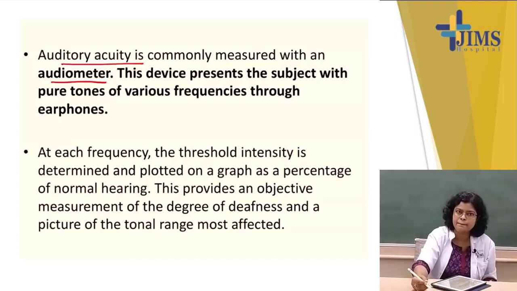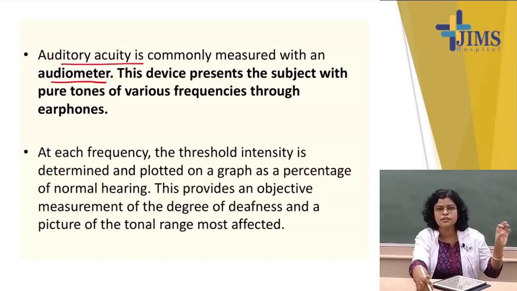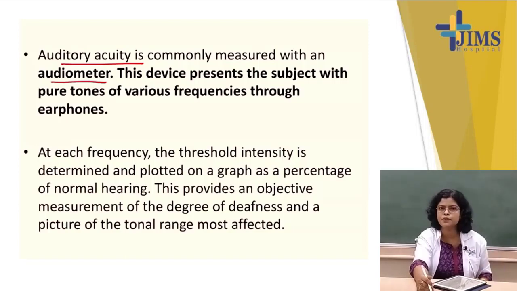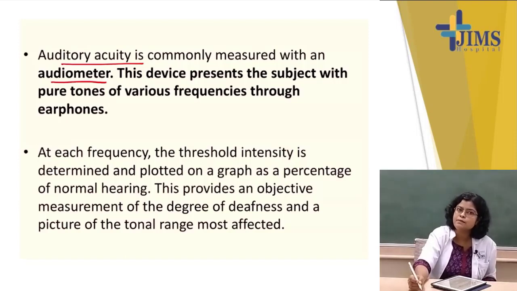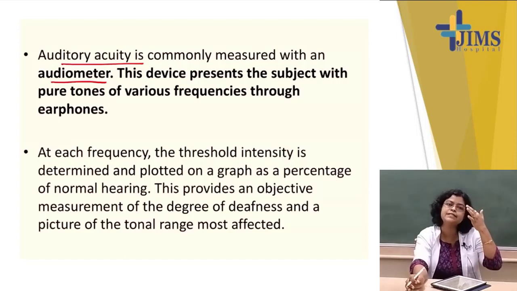Now what will happen in conductive deafness? In conductive deafness, noise from outside is entering less in the diseased ear. Okay. So what will happen here? When you are putting the tuning fork over the forehead, the subject will hear more towards the diseased ear.